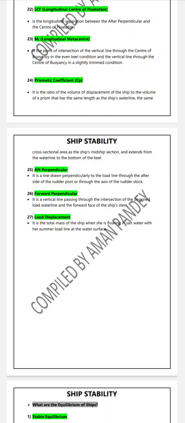So prismatic coefficient is the ratio of the volume of displacement of the ship to the volume of a prism having the same length as the ship's waterline and the same cross-section as the ship's midship section.